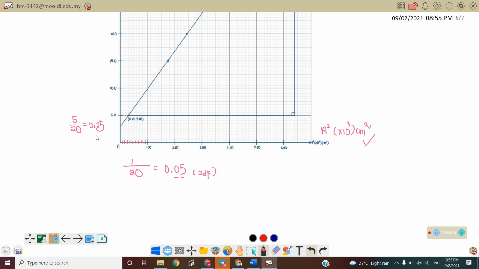So it's 1, 2. Here also 2 decimal places. So it's better here also you write 5.00. Here also 10.00. Okay, so if the scales that you use are correct, you will get 1 mark for x-axis, 1 mark for y-axis.